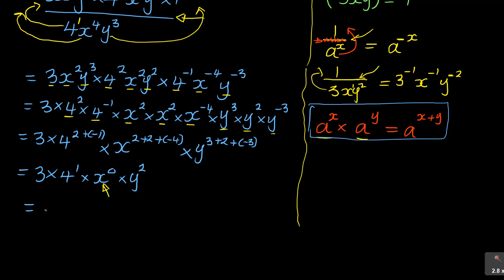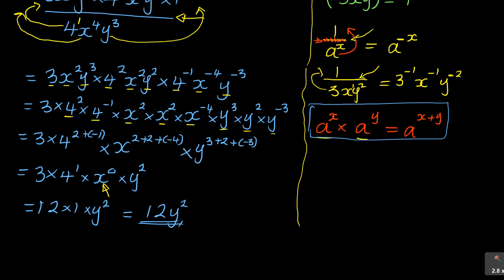So it will further become 3 times 4, which is 12 times 1, in this case, times y squared. And then you can be finding your final answer as 12y squared.